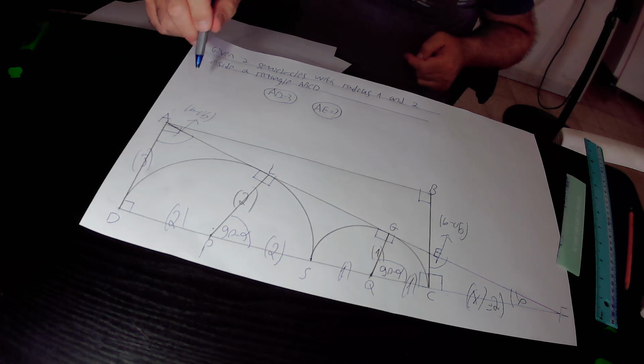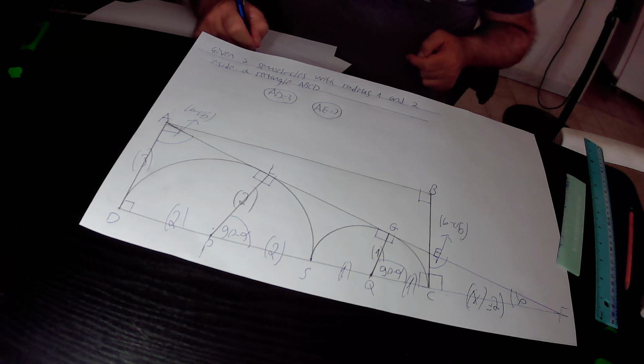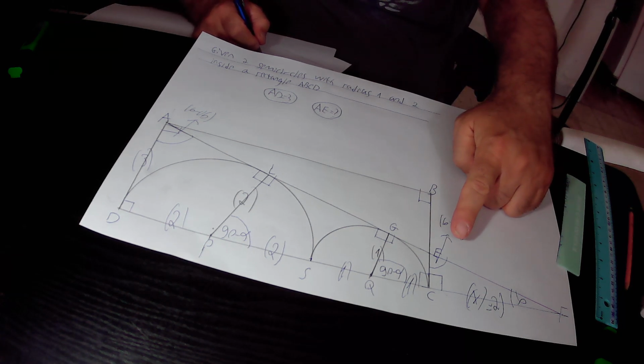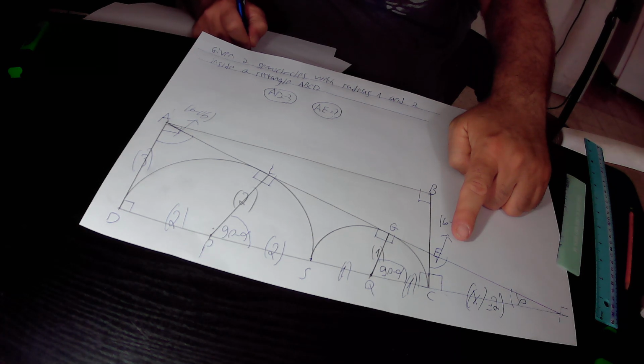In the big right triangle AFD, the angle is equal to angle FEC in the small right triangle EFC.